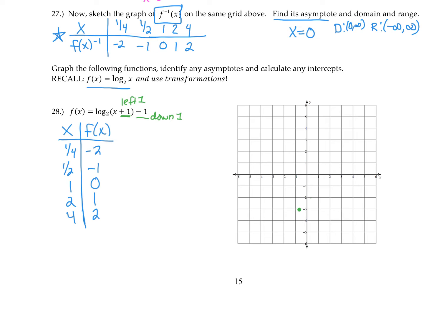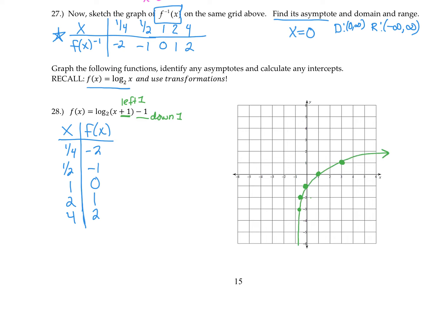Then I'm going to plot 1/2, -1, but then go left 1, down 1. I'll plot 1, 0, then left 1, down 1. I'll plot 2, 1, then left 1, down 1. I'll plot 4, 2, and then go left 1, down 1. Then I'm going to connect these points.